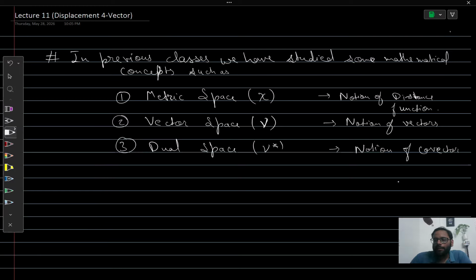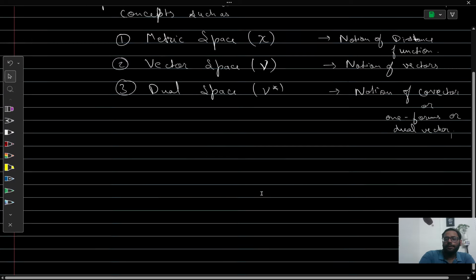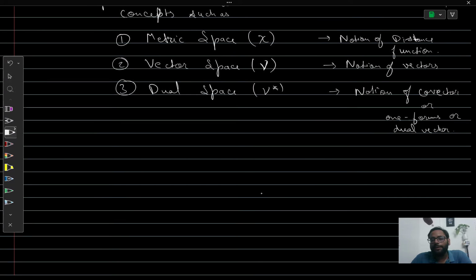Covectors are also known as one forms, or say dual vectors. Different people call it by different names. They are also called covariant vectors, and these are also called contravariant vectors.